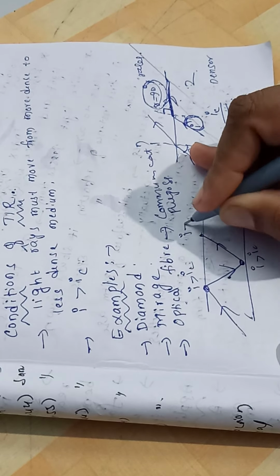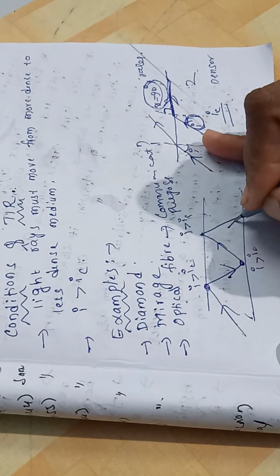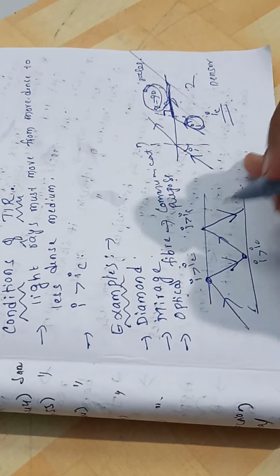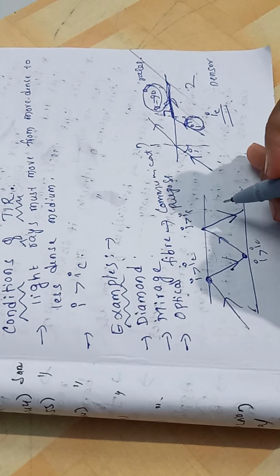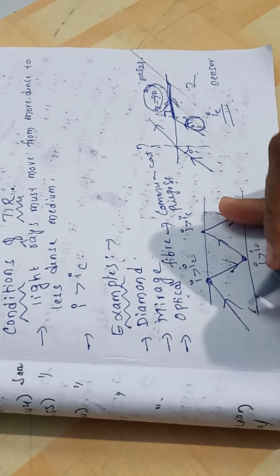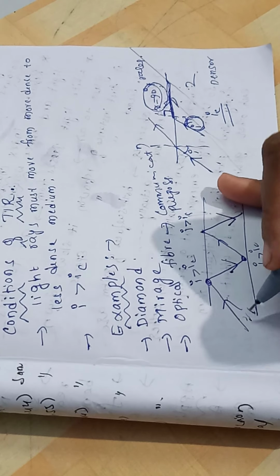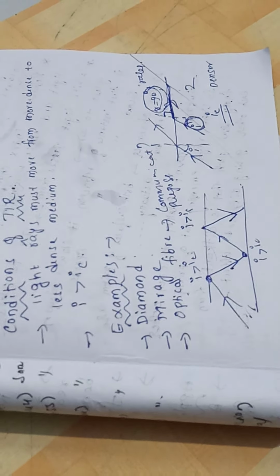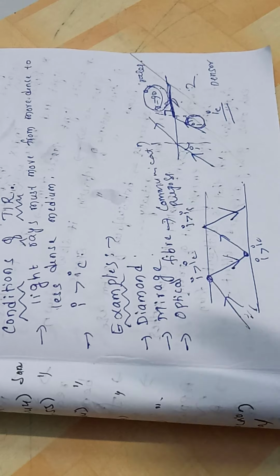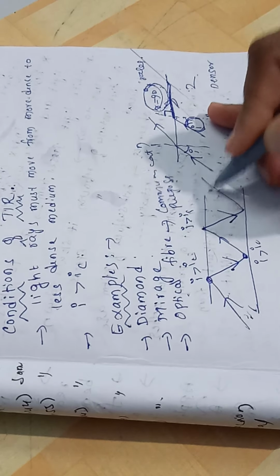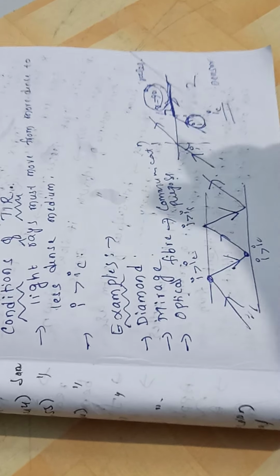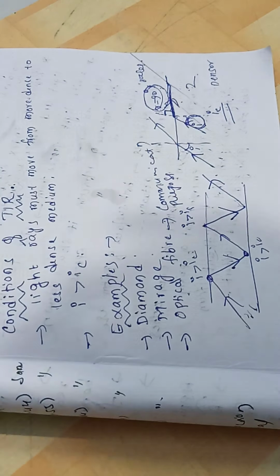In such a way, total internal reflection takes place. If we send more than one ray, the same thing happens, total internal reflection takes place, and all rays come out from the fiber simultaneously. In such a way, a distortionless signal is formed.